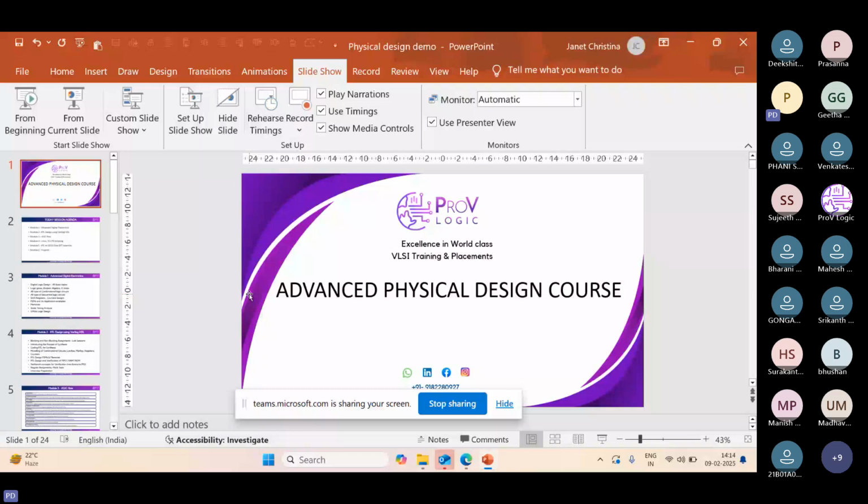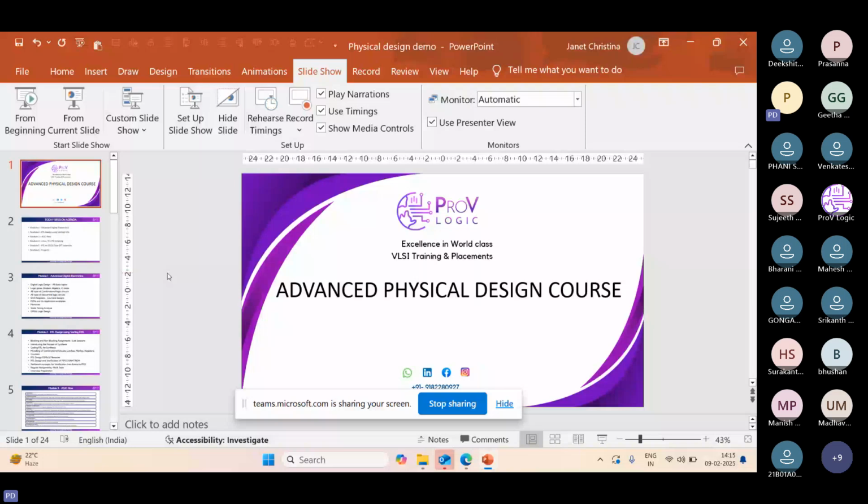As I was talking about the entire life cycle of an IC, the starting point of this life cycle of an integrated circuit is the client's specifications. For example, if a OnePlus phone manufacturer needs an IC for the series of phones they are going to launch, they will approach our industry VLSI experts and submit their requirements: I need an IC for my phone and these are my specifications.